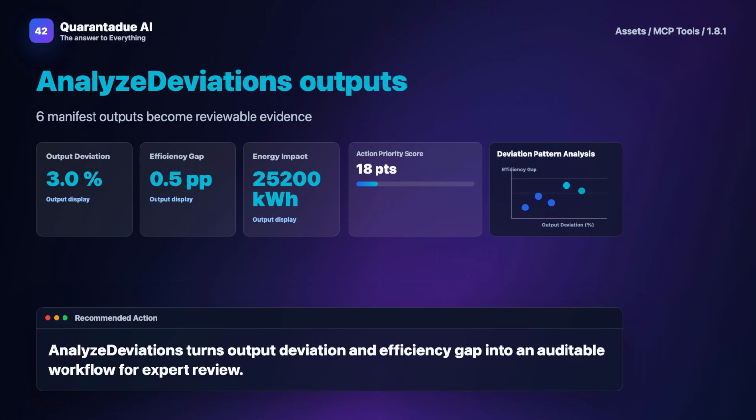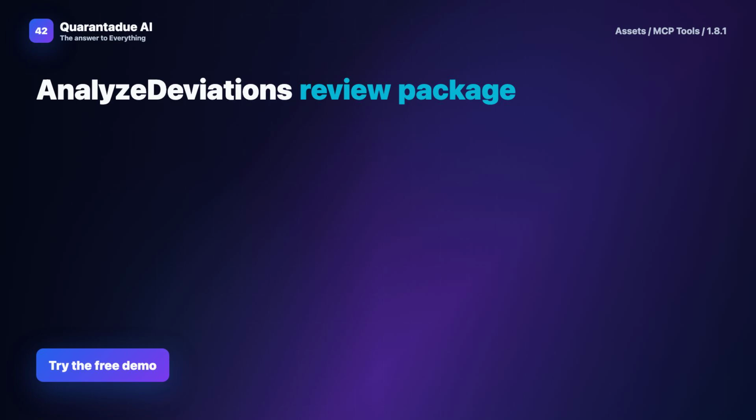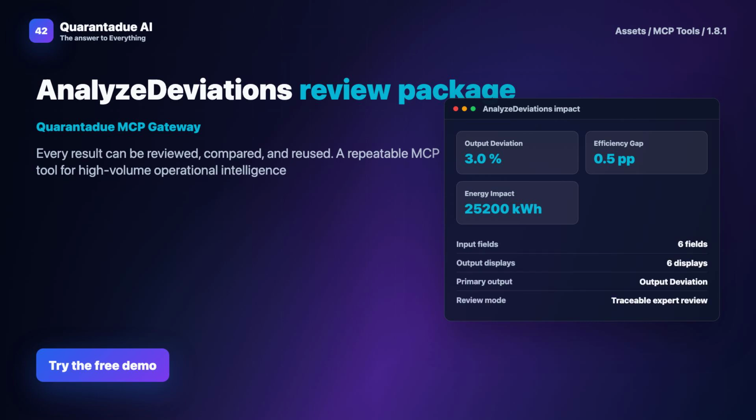Let me walk you through a hypothetical example to make this concrete. Consider a large-scale HVAC system in a commercial building. The digital twin predicts energy consumption based on occupancy, weather, and equipment settings. However, sensor data shows that actual consumption is consistently 8% higher than predicted. Using AnalyzeDeviations, we input variables like compressor efficiency, refrigerant levels, and airflow rates.